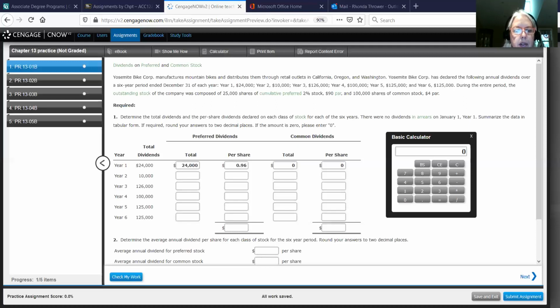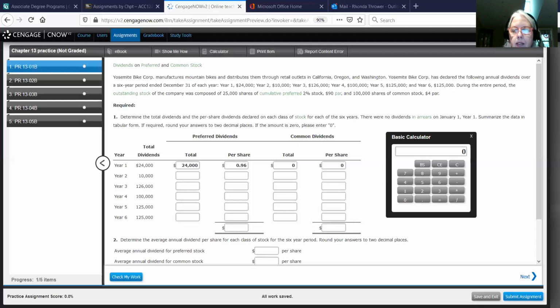The computations for year two, we're going to start with the dividends that we owe to the preferred stockholders each year. Again, that was the preferred stock shares outstanding times the preferred dividend rate times the par value of the preferred stock. That's how we get the 45,000.